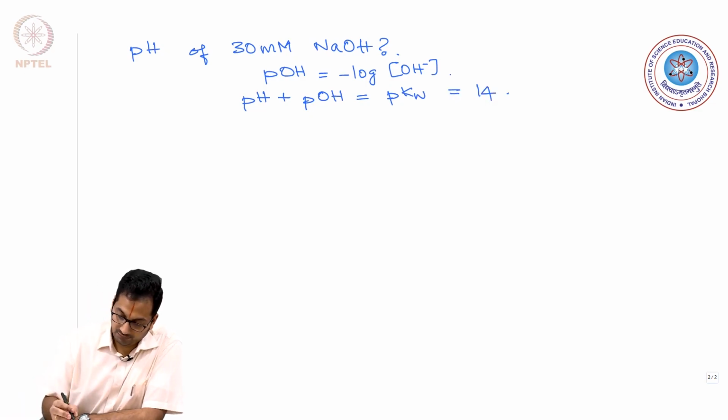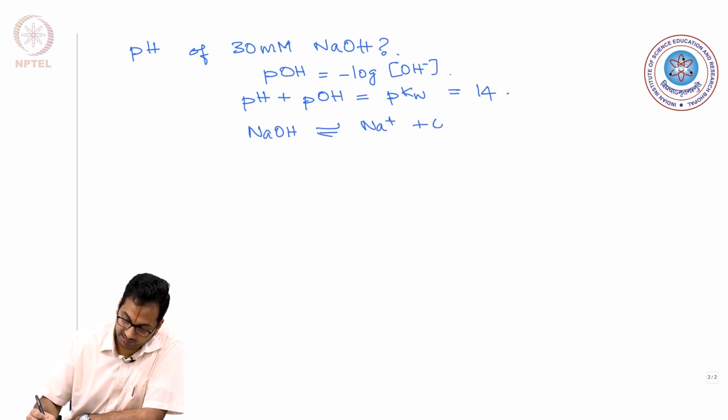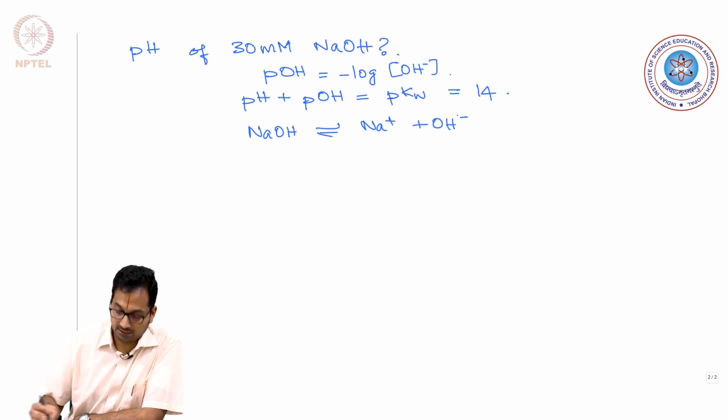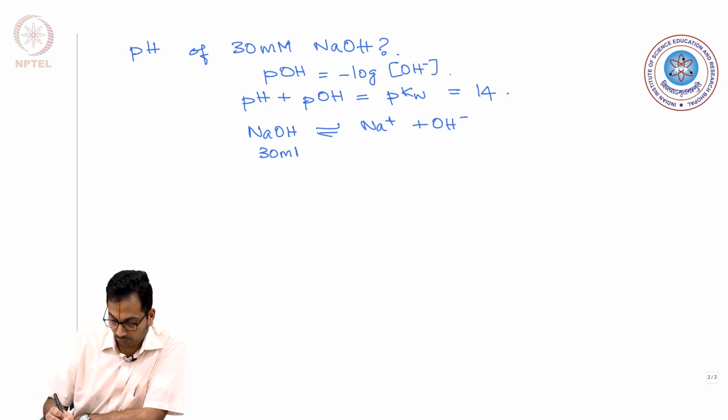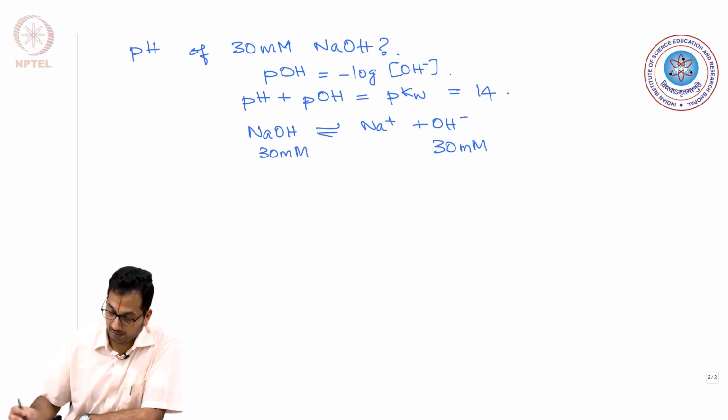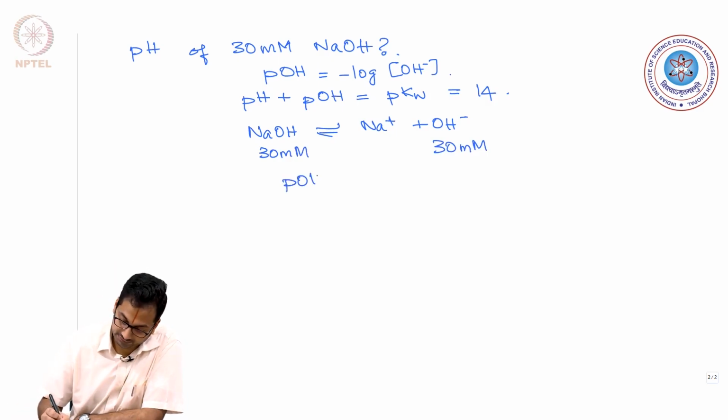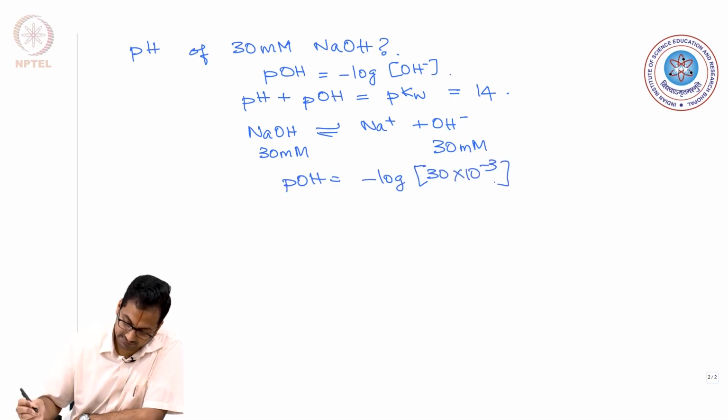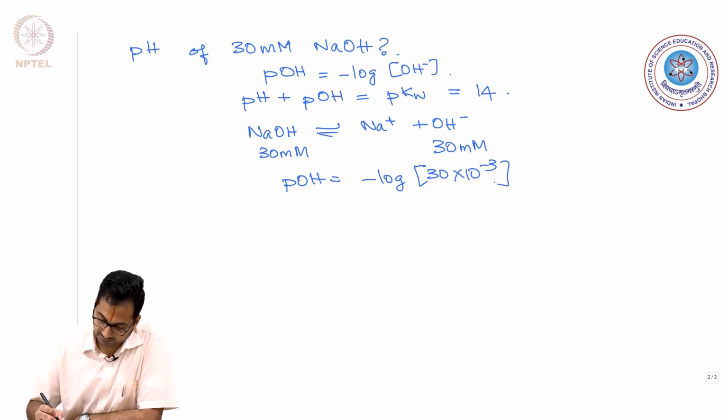So, now we know that for NaOH, it's going to completely dissociate at this concentration to give Na plus and OH minus ions. So, if you had 30 millimolar of NaOH, you are going to have 30 millimolar of hydroxide ion. Therefore, the pOH is going to be given by minus log of 30 times 10 power minus 3, since it is milli. So, this will translate itself to something like 3 times 10 power minus 2.